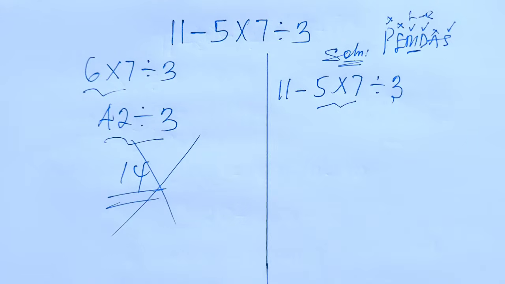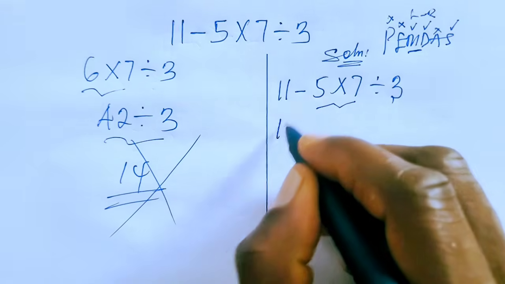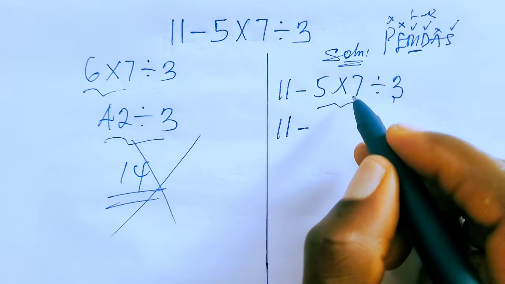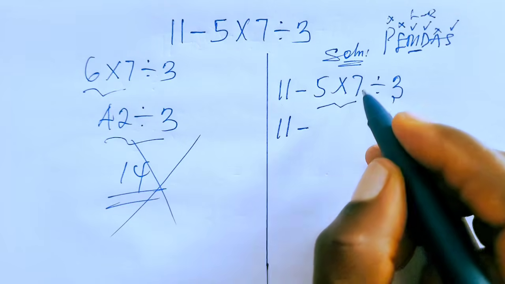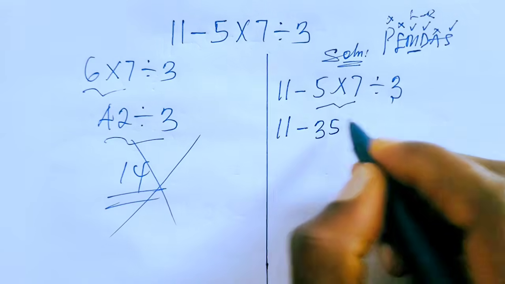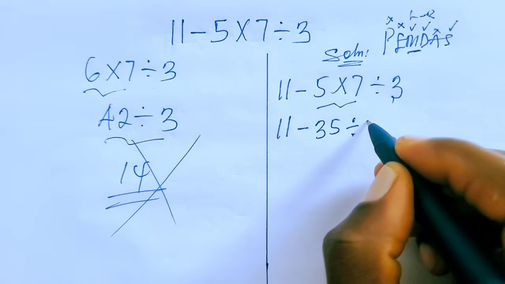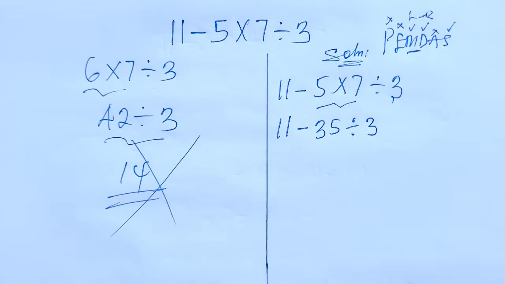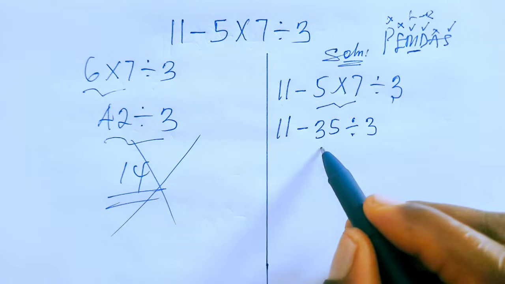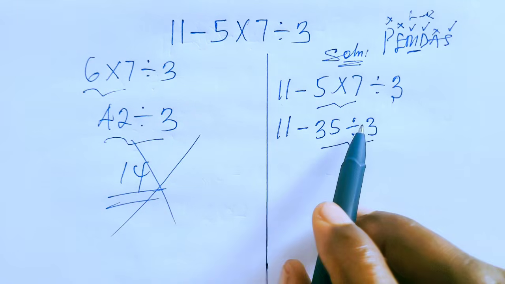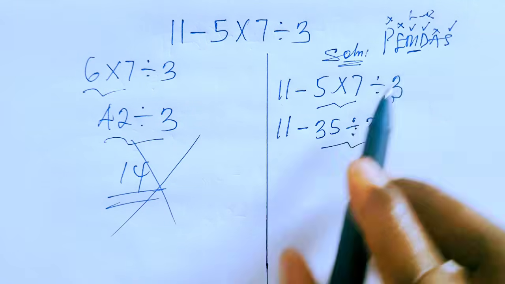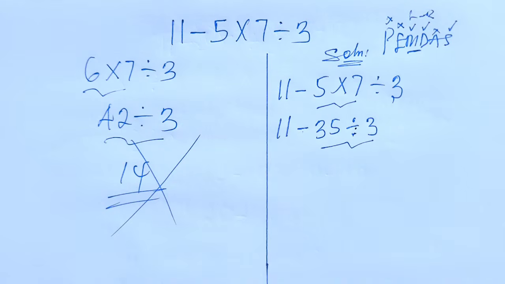The expression becomes 11 minus 5 times 7, that gives us 35, then divided by 3. Next, we consider division, because division is of higher priority than subtraction.